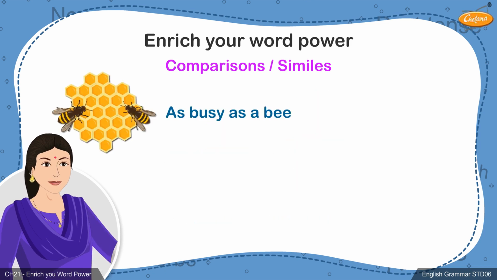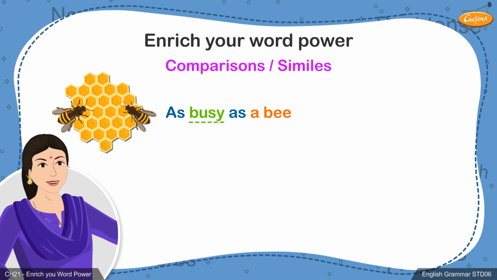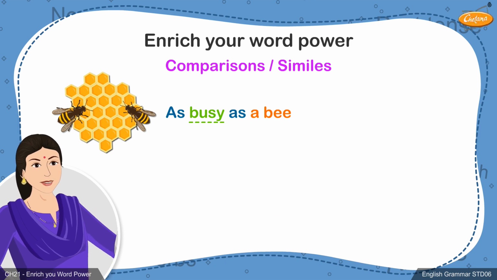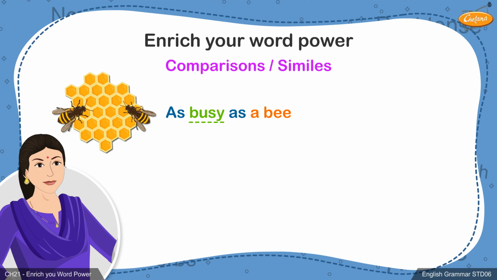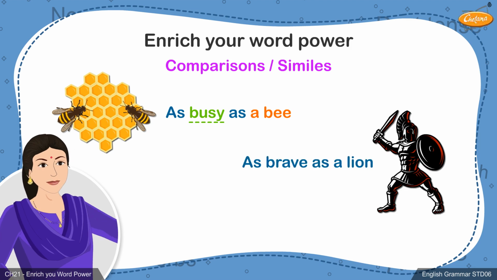As busy as a bee. Bees are one of the most hard-working and organized creatures in nature. Using this comparison, we can compare a very busy individual to a bee. As brave as a lion.